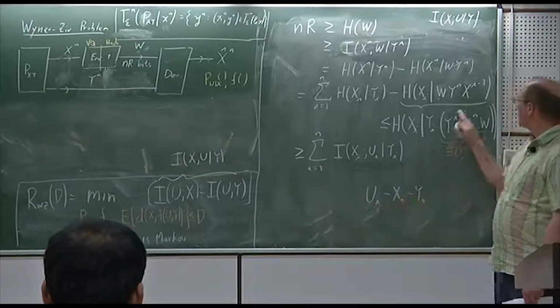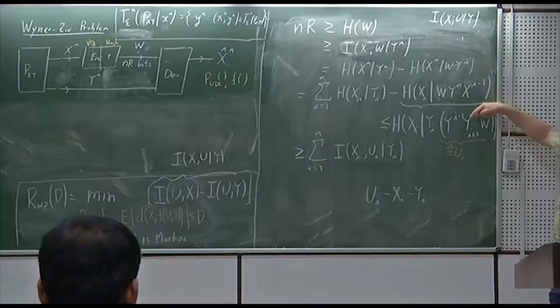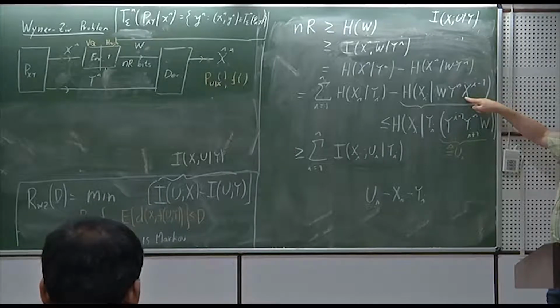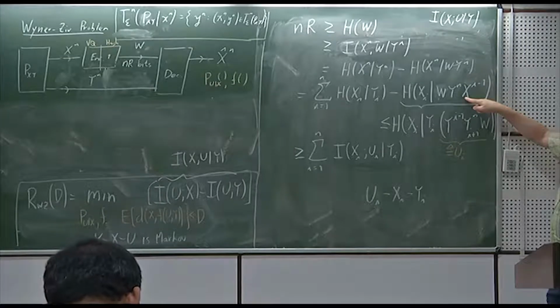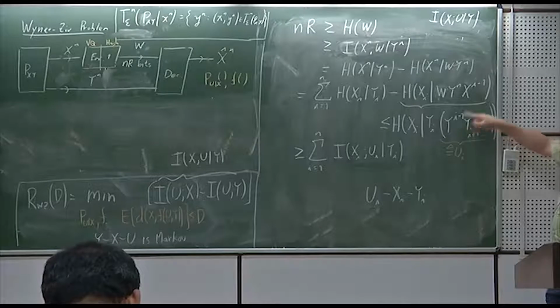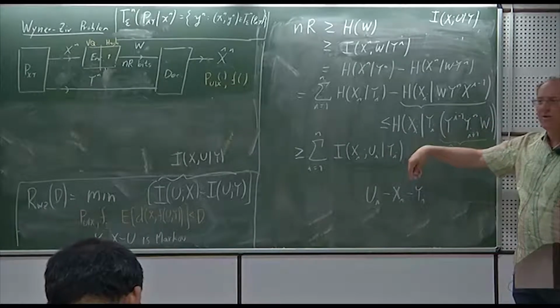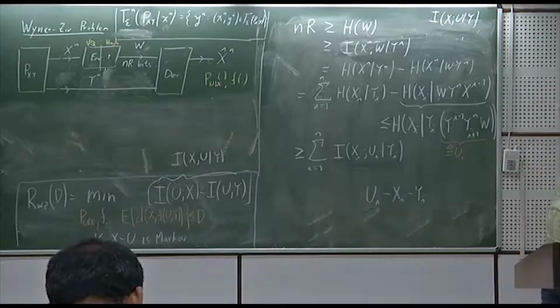And I guess I could have kept the past Xi minus 1 in here too. So I don't see right now why I couldn't have kept this in here, why I had to drop it. It looks almost to me like I could keep it. Not sure why I wrote it in this form, because I would still have the Markov chain. That's all I need to apply the bound, actually, right? So I don't see a reason for it right now.